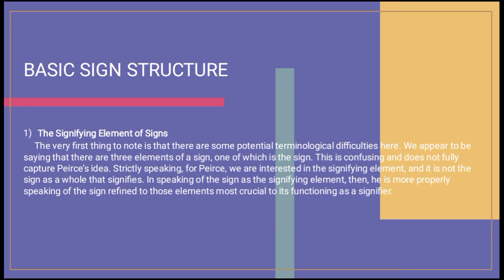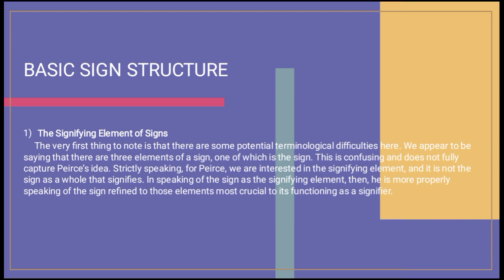1. The signifying elements of sign. The very first thing to note is that there are some potential terminological difficulties here. We appear to be saying that there are three elements of sign, one of which is the sign. This is confusing and does not fully capture Peirce's idea.